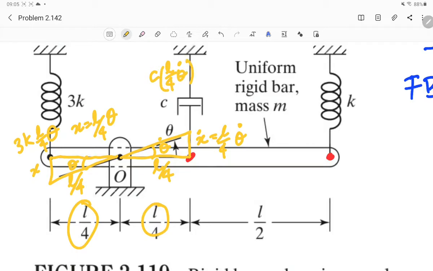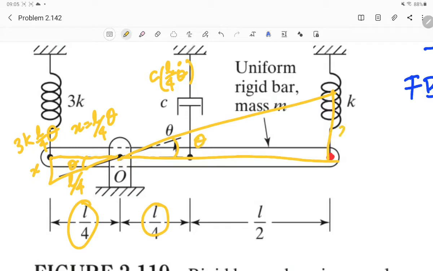Do the same thing for the k here. Maybe I'll delete this so it won't be confusing. This k consists of a larger triangle, still theta. The displacement here, if I call it x, is L over 4 plus L over 2.